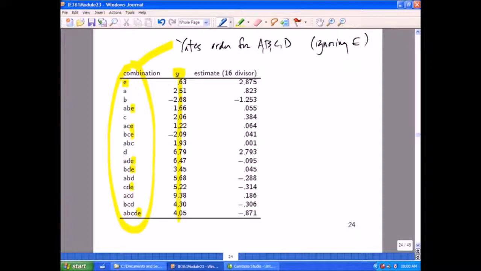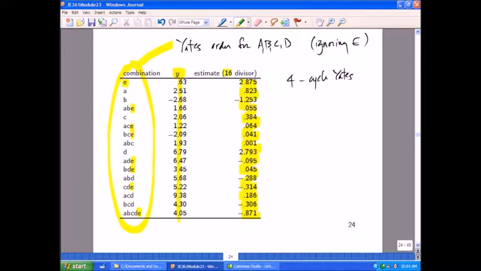If I did run through the Yates algorithm, I'm going to use a 4-cycle Yates algorithm. Okay, 4 because 4 is 5 minus 1. What comes out of the 4-cycle Yates algorithm are these values.